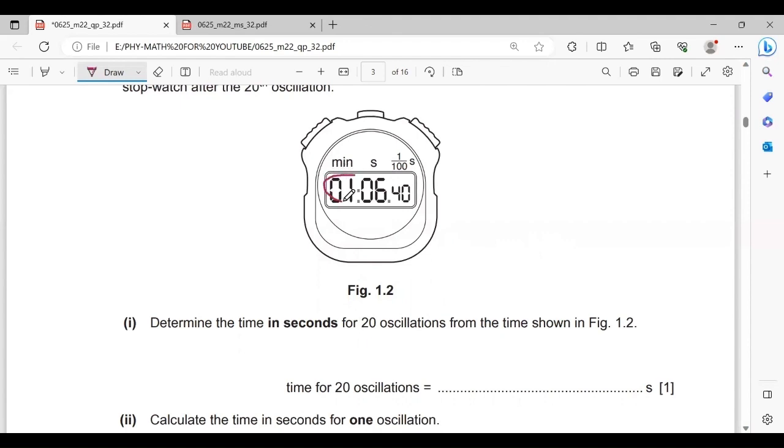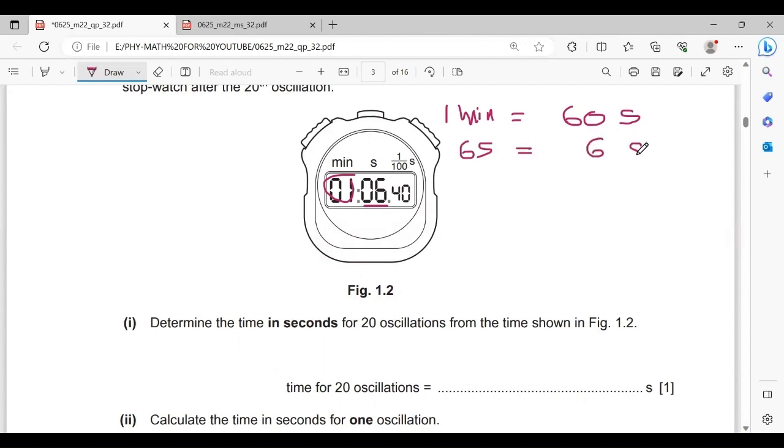1 minute means 60 seconds. And then this one, 6 seconds.